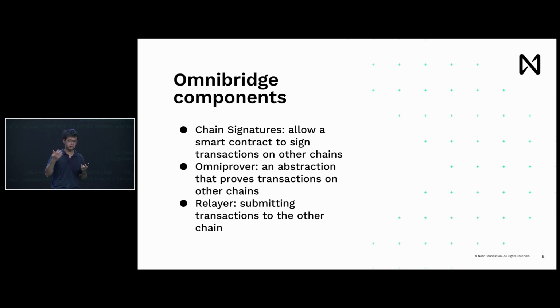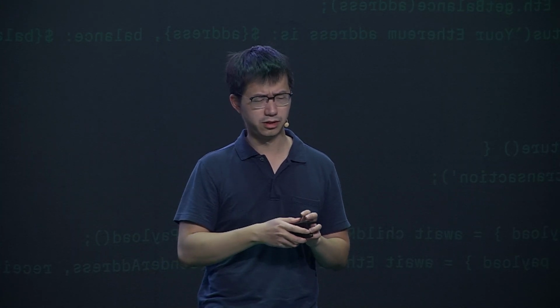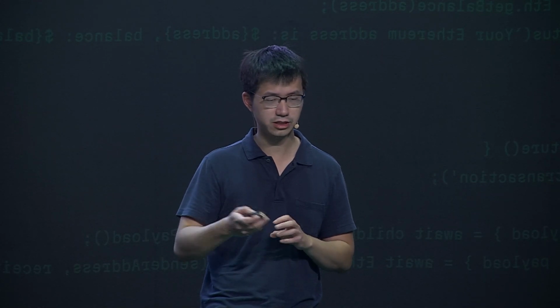Let's say an Ethereum proof comes in. It would know from the address that it is an Ethereum transaction, and then it will route to the Ethereum light client that can verify the proof that some transaction has happened on Ethereum. Similarly with Bitcoin, there's a Bitcoin light client that would verify the transaction.